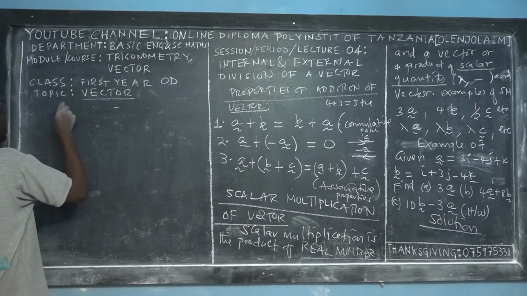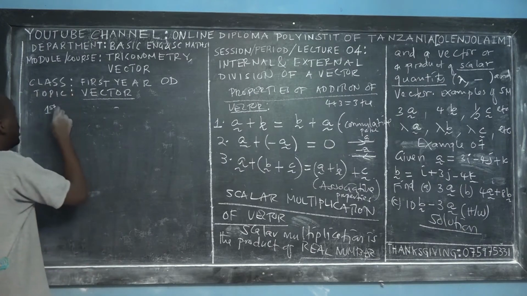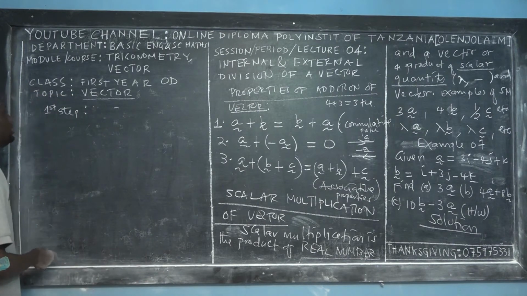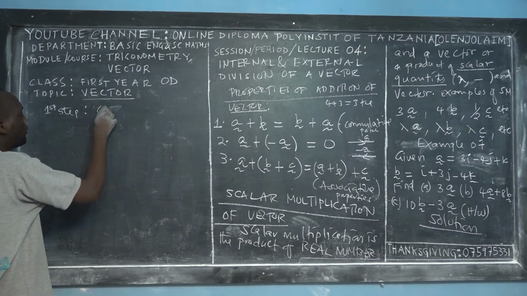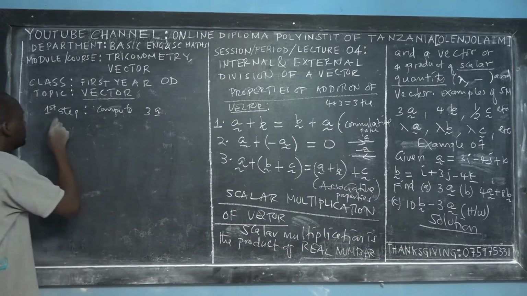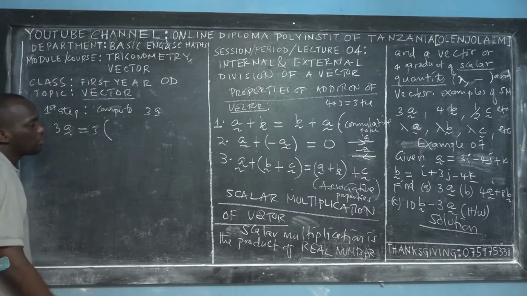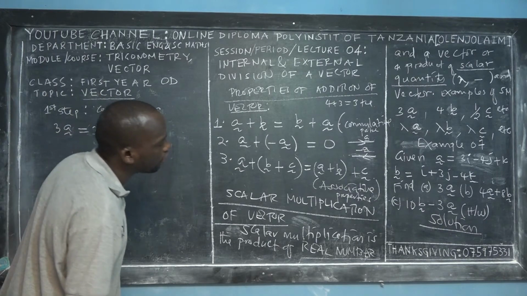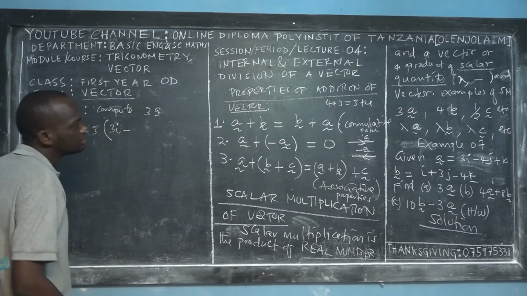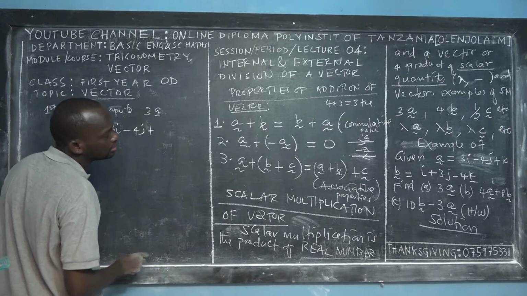So for the solution, the first step is we have to deal with scalar multiplication. We are looking for 3a. So simply, the first step, we compute 3 times vector a. This is equal to 3 times the components of vector a. The components of vector a are 3i, minus 4j, plus k.